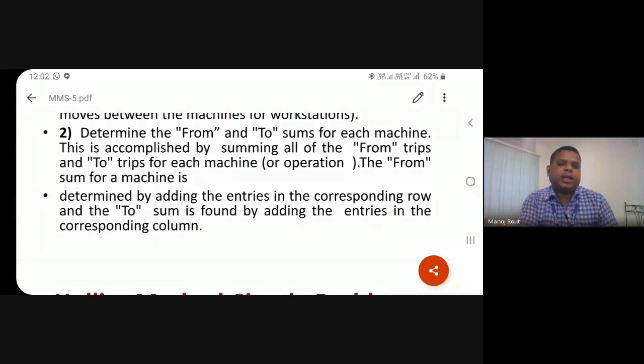Suppose you are assigning the row index matrix to the row side. That means the joining machines, equipment and tools are placed row wise, and for assembly operations, the machines, tools and components are placed column wise, with the to sum found by adding entries. Moving to the next slide.